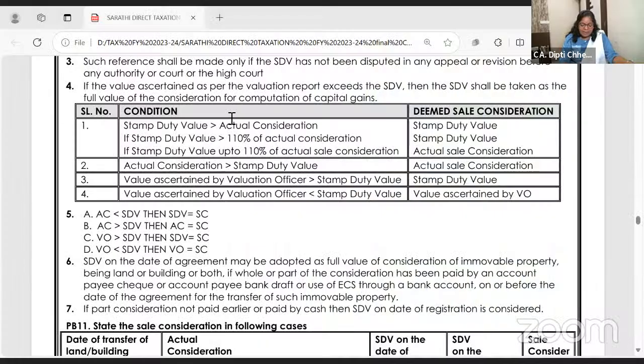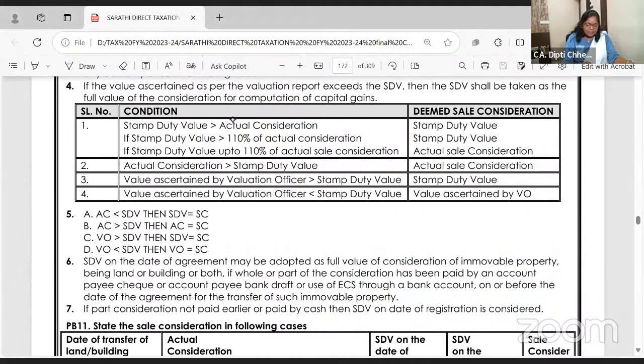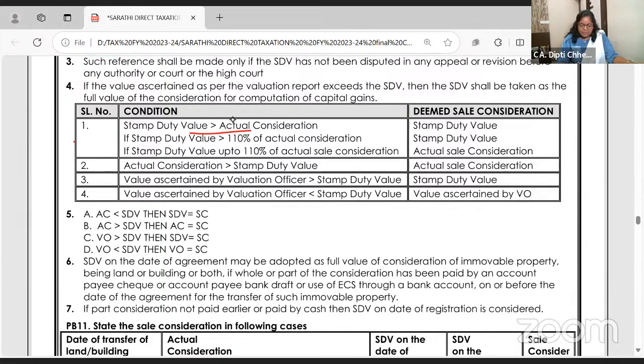Okay, if stamp duty value is more than the actual sale consideration, then stamp duty value. If stamp duty value is more by 110%, yeah. If the actual consideration is 90 and stamp duty value is say 94.